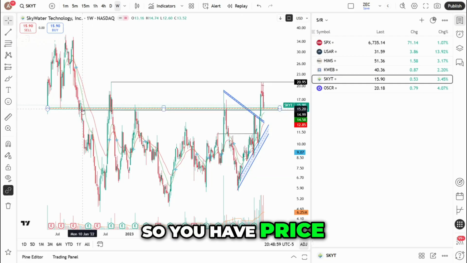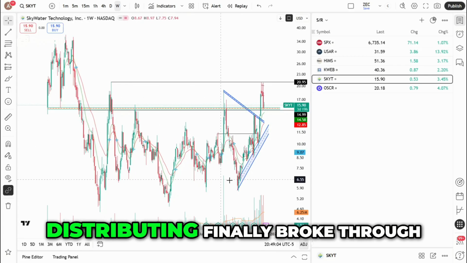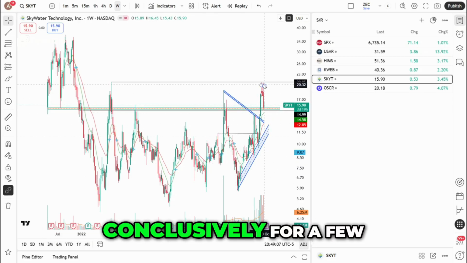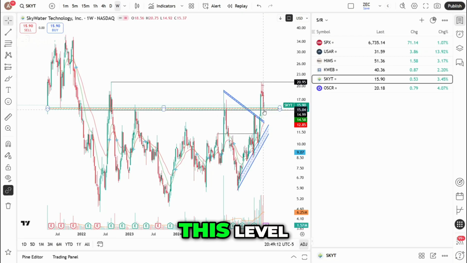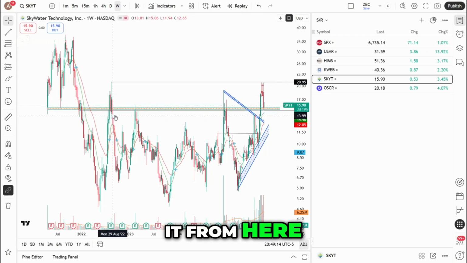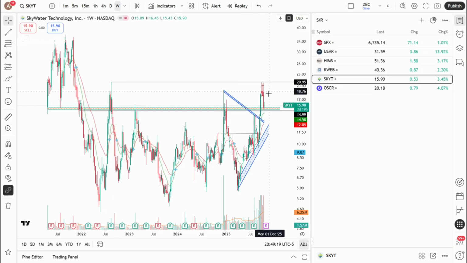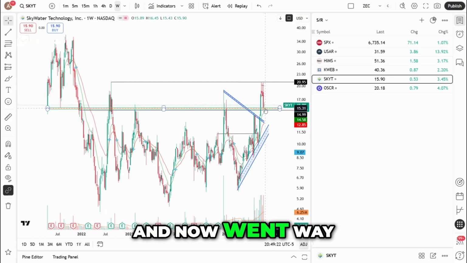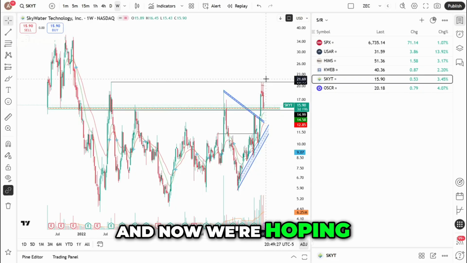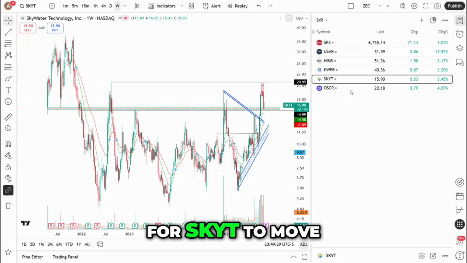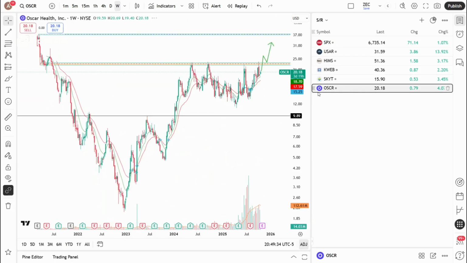So you have price failing to break out above here, holding, distributing, finally broke through conclusively for a few weeks with some pretty solid closes firmly above this level, which is what distinguishes it from here, because you can see it kind of chopped into here even after it did break through, and now went way back down into here, closed into it, and now we're hoping for a flip and for SKYT to move higher towards $21 and above into the 30s.